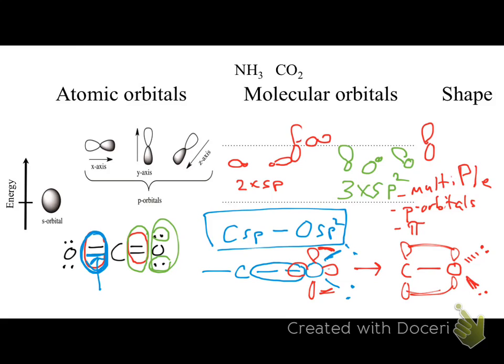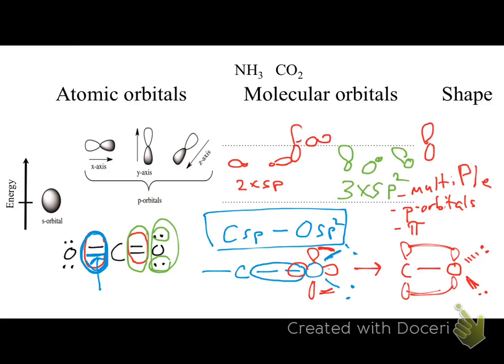Anytime you have a multiple bond, double or triple, that's composed of a pi bond. What orbitals make your pi bond? Your p orbitals. And, because your pi bond only makes one bond, where's the second bond come from? The sigma bond that runs through the middle.